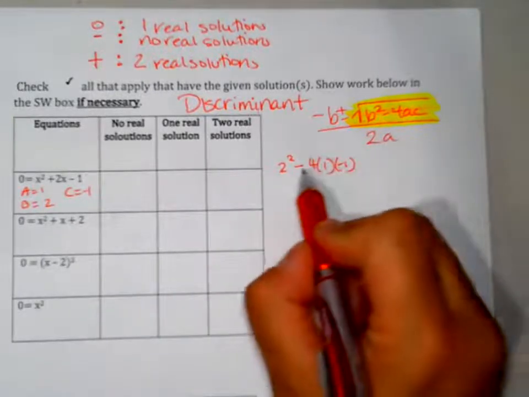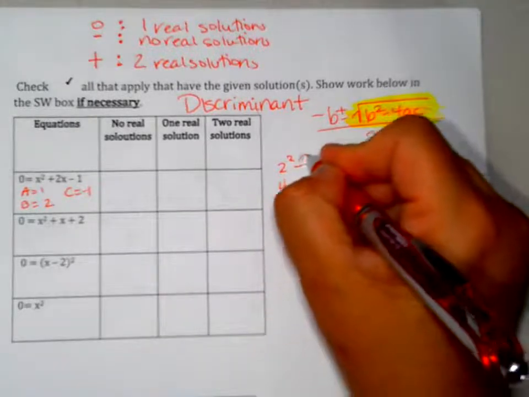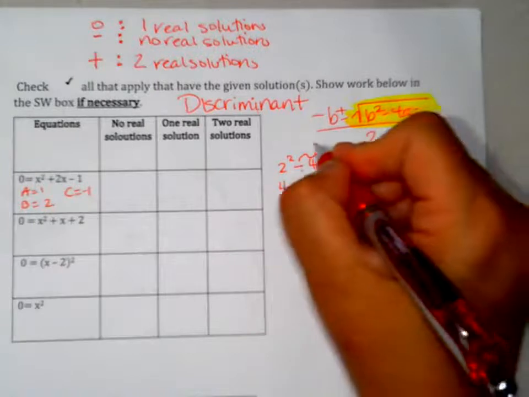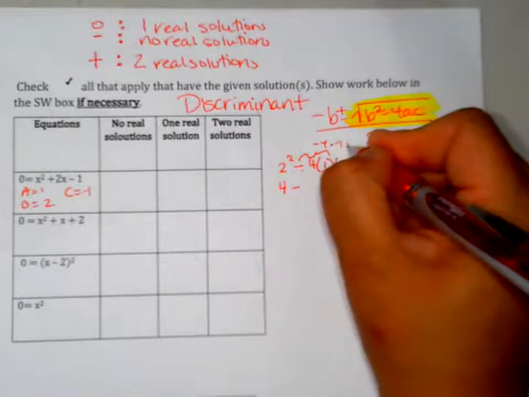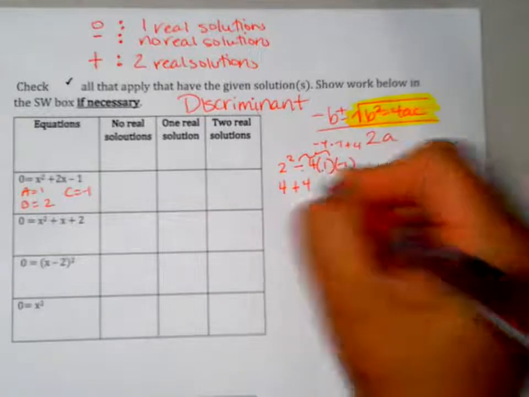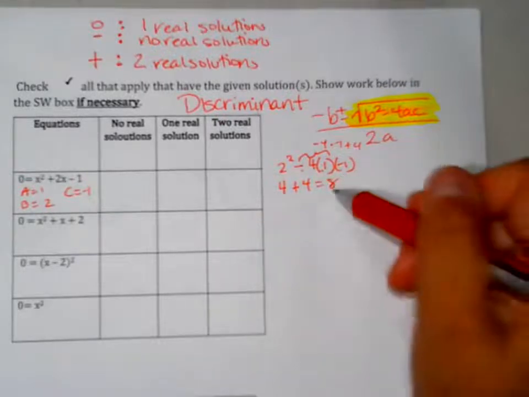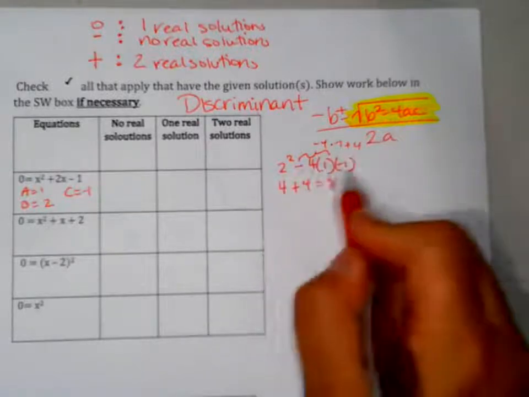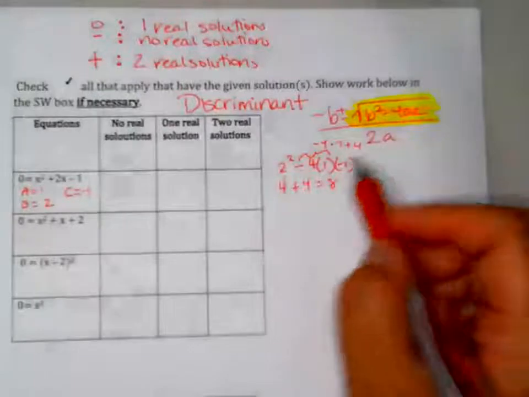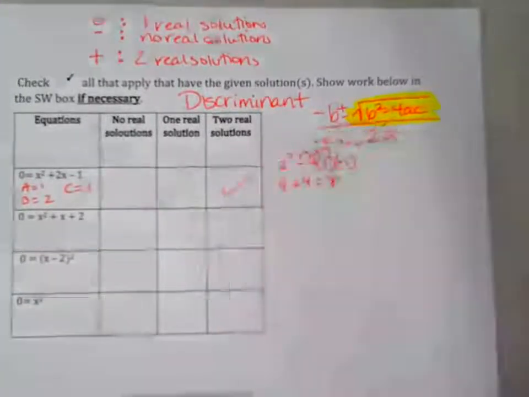I've got -4 times 1 is -4, times -1 is +4. So I've got 4 plus 4, which equals 8. It is positive, two real solutions. Careful with these negatives, because if you would have subtracted them, you would have made it a 0, so you got one real one. So this one's two real solutions.